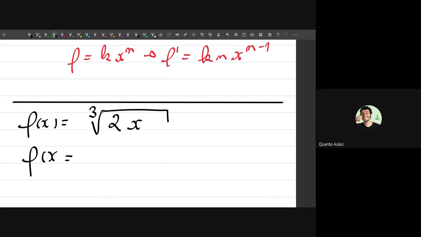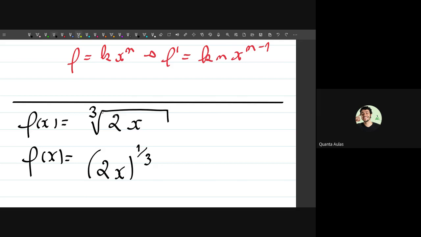We know the root is an exponent, but it's a fractional exponent. This is equal to the power of 1 over 3, right? It's the same thing. This and this is the same thing. This is very easy.